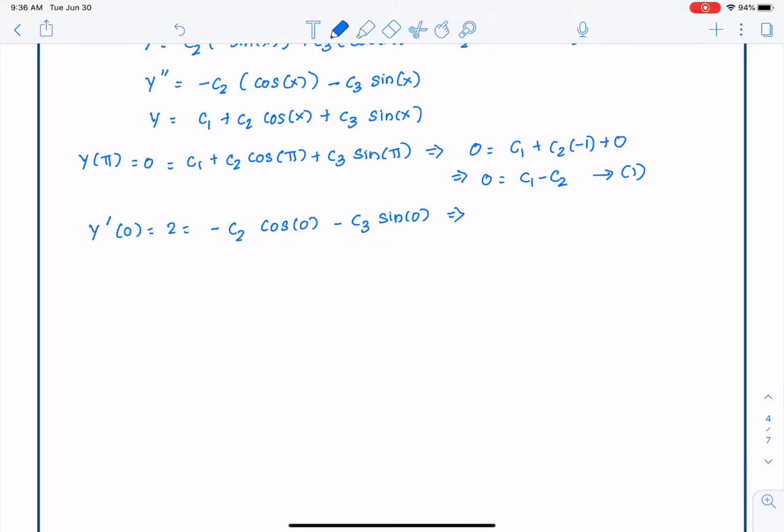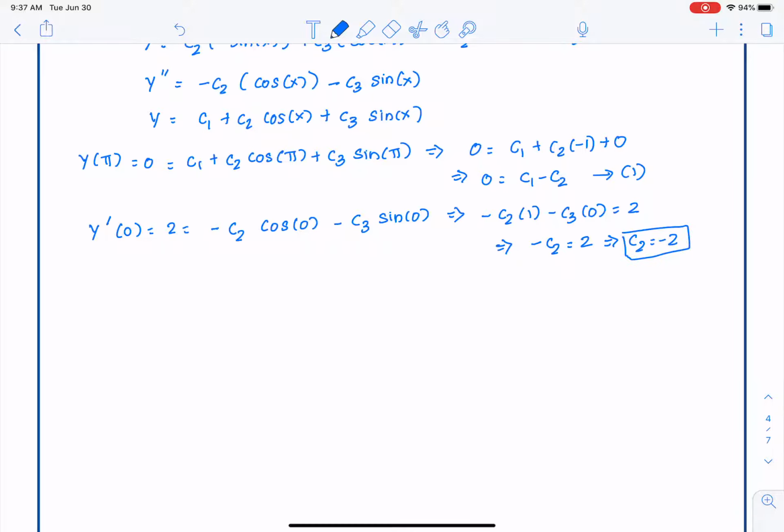So we have negative c2 times 1, negative c3 times 0 equals 2. So negative c2 is simply 2, which implies c2 is negative 2.